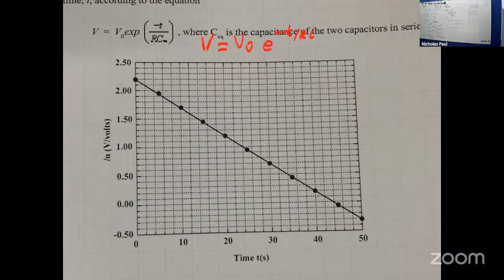So instead of writing e, they write exp. Sometimes I have to apply ln on both sides. Get the linearize.